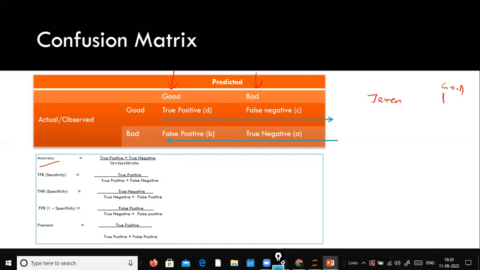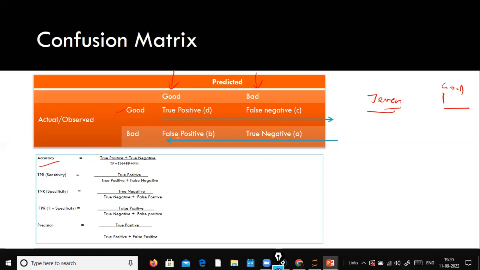With the help of the confusion matrix, I need to check whether the Jivanandam record has been correctly predicted as profitable or not. Actually, this guy is a profitable customer, a good actual thing. But what about the model? Whether my model also predicted him as good? If yes, my model predicted him as good and actually he is good, then it is a true positive.